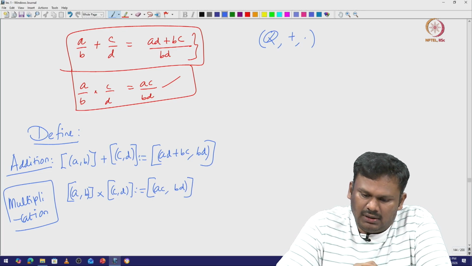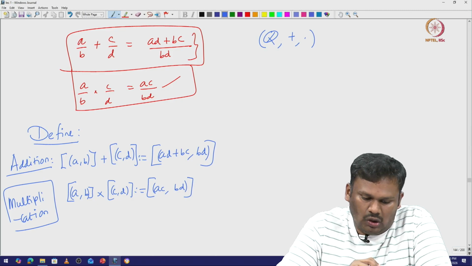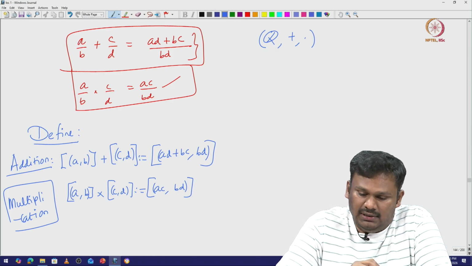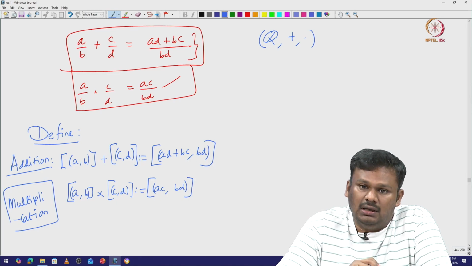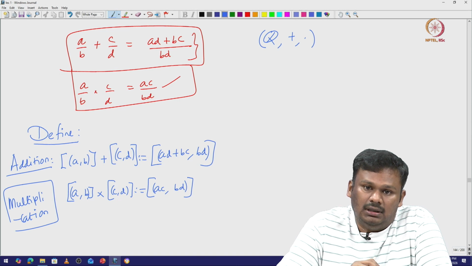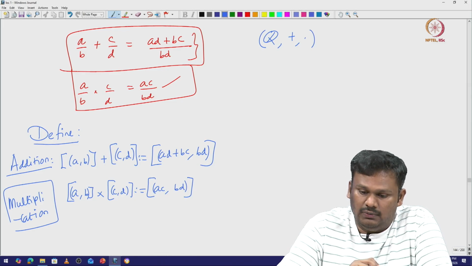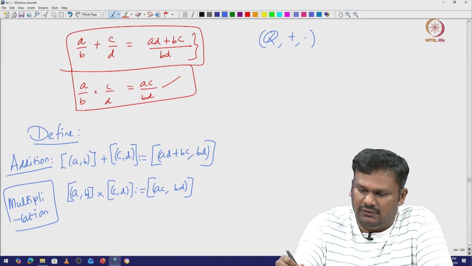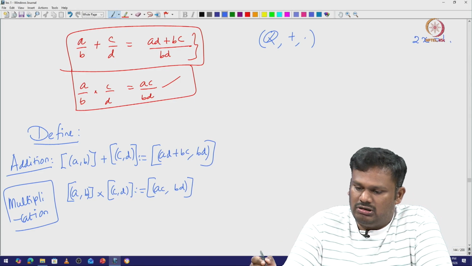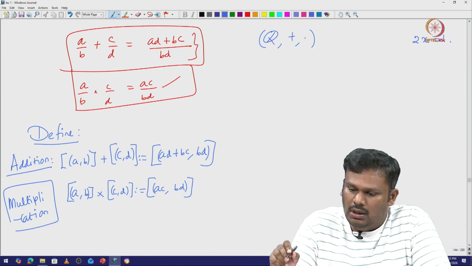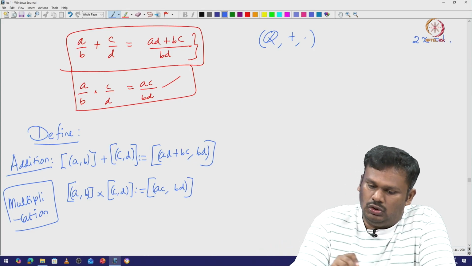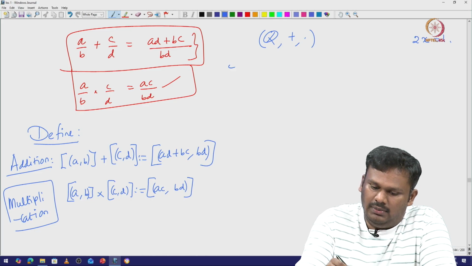Similarly, with respect to multiplication, we will have commutativity, associativity, existence of multiplicative identity, which will be 1, and we will also have the existence of multiplicative inverse for all non-zero elements of Q, because we wanted to solve equations of the form 2x equal to 1, and such equations will be solved for all elements of Q difference 0. So, maybe take it as an exercise.